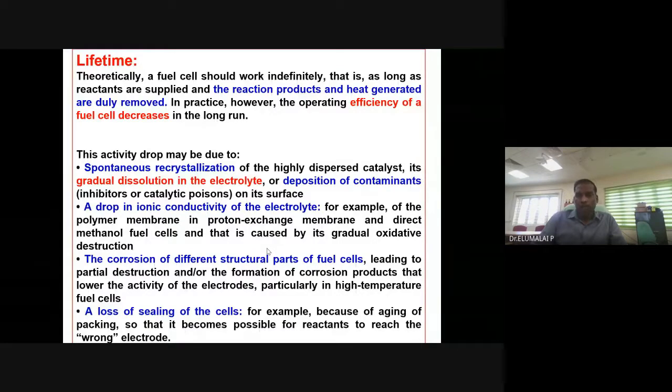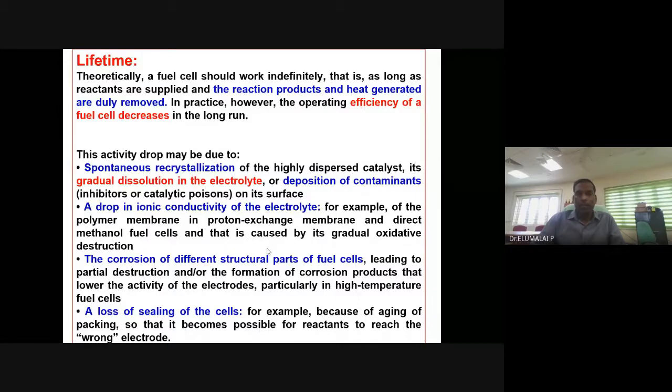I told you that we have to use a catalyst and we have to use a membrane. When you fabricate the fuel cell, the catalyst will have a very fine structure, very good morphology, maybe nanostructure if you have made it. But we cannot expect the same morphology to be retained after 1 week or a month or a year.